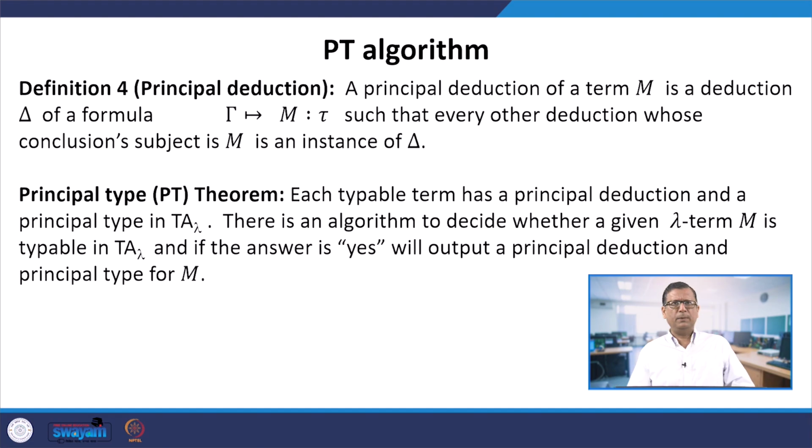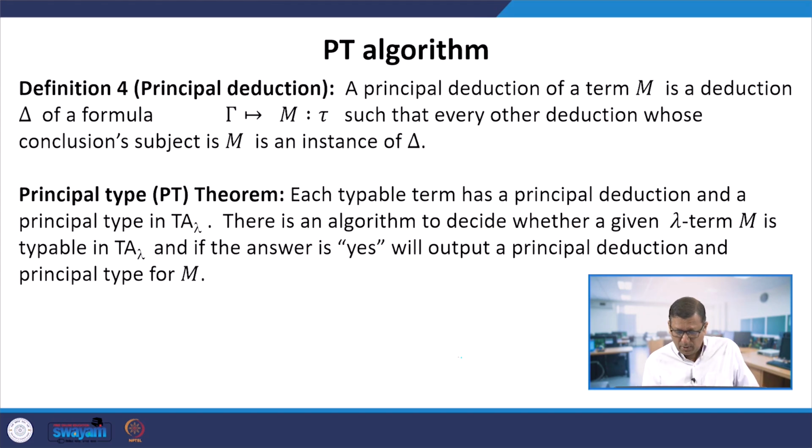Now we proceed to the definition of principal deduction. A principal deduction of a term M is a deduction delta of a formula that M has type tau in the context gamma, such that every other deduction whose conclusion subject is M is an instance of delta.